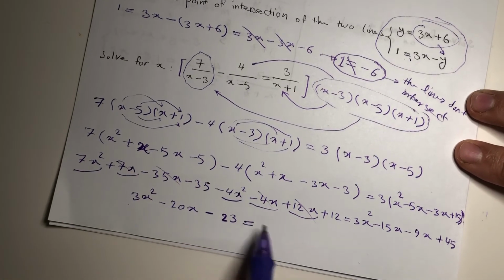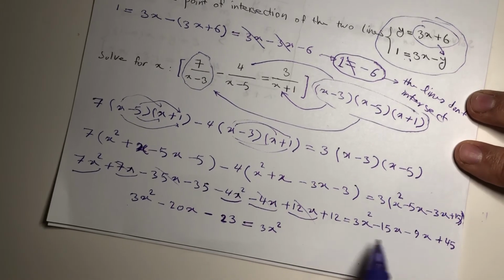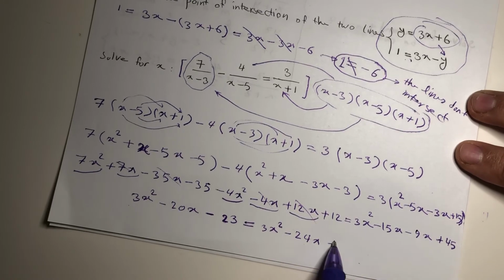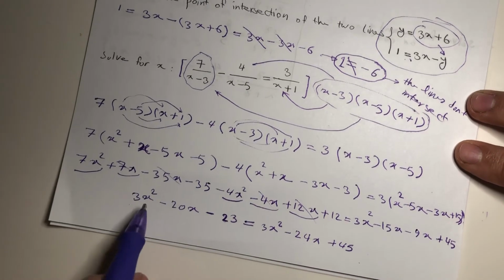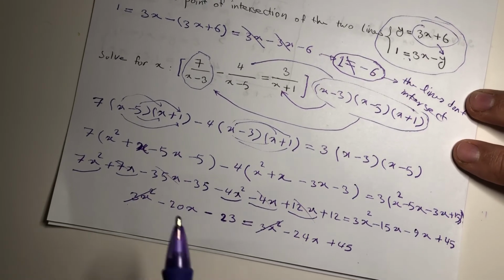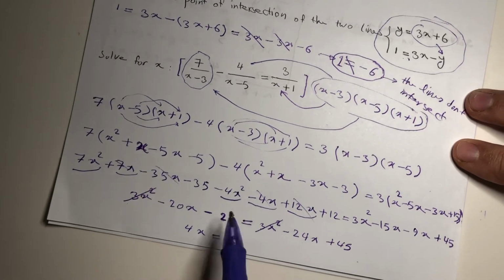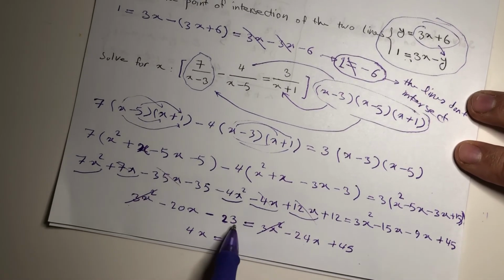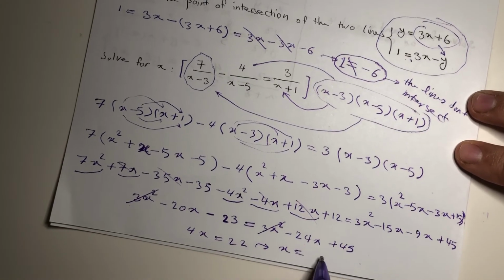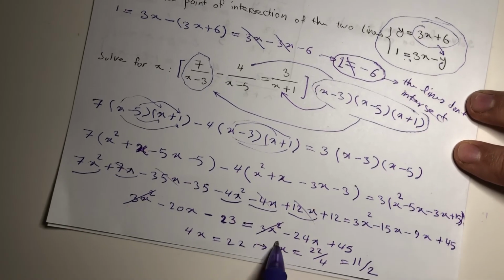Okay, equals 3x squared minus 24x plus 45. 3x squared, we can eliminate that from both sides of the equation. Then 4x equals 45 minus 23, which is 22. Here, x equals 22 over 4, or 11 over 2.